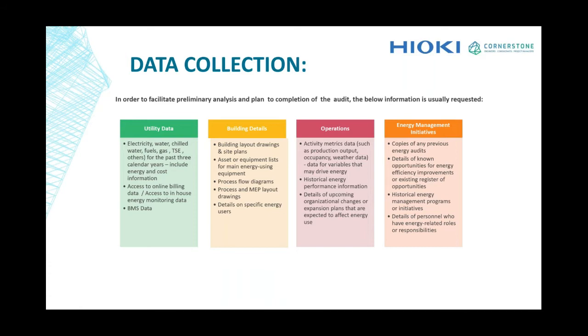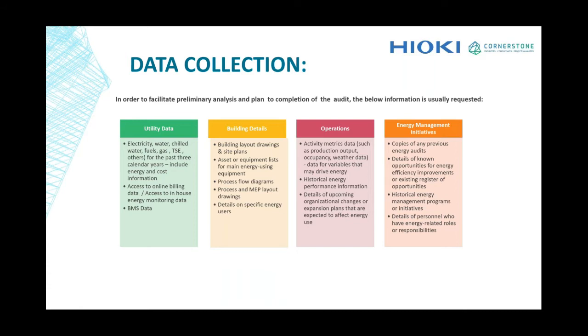In terms of operation, it is about getting the data to understand how the building is operated. What was the building initially made to be used as, and what is it working as now? So historical data or whatever is available, like occupancy, then weather data, which we usually take. We have a resource to take that from, but if the on-ground team has an on-ground weather station, we can take it from there.